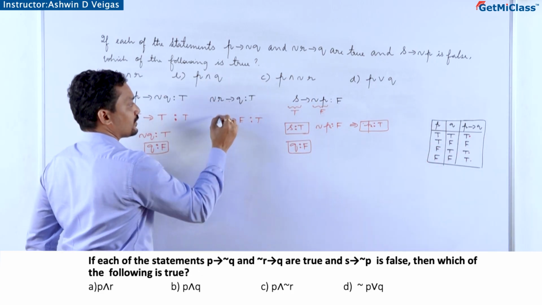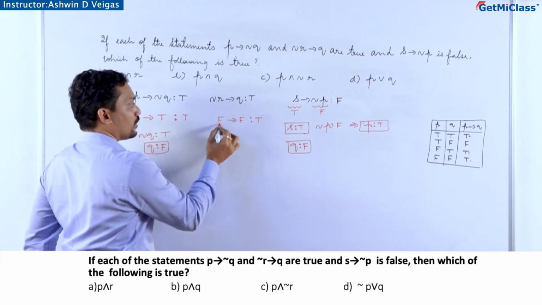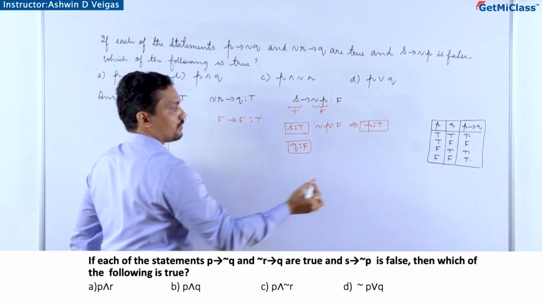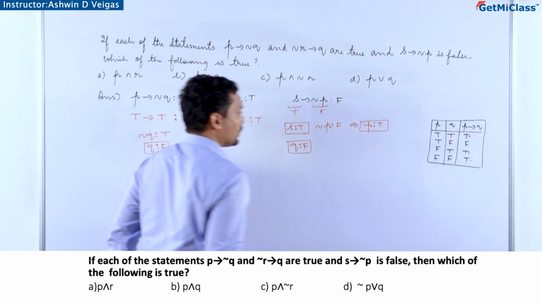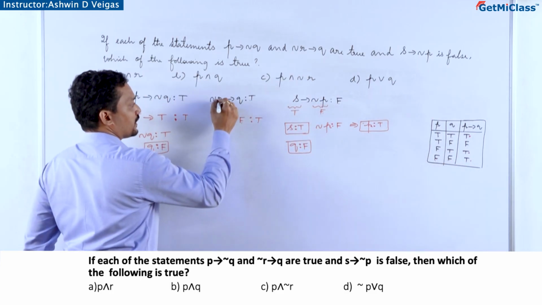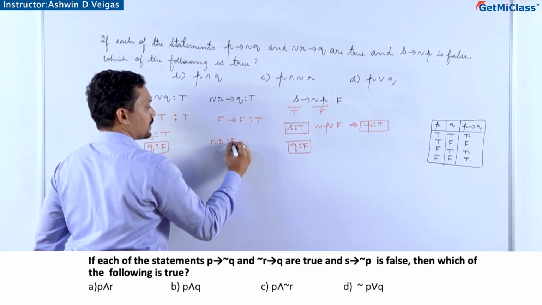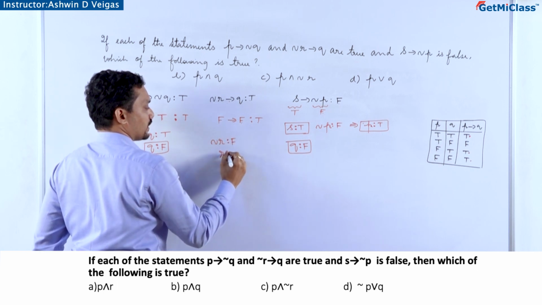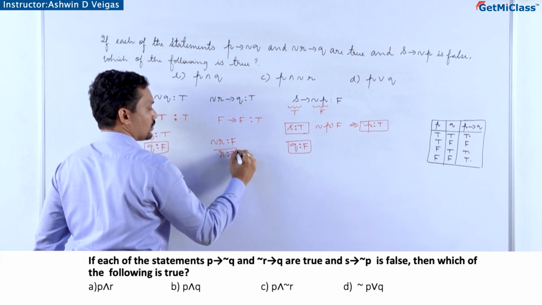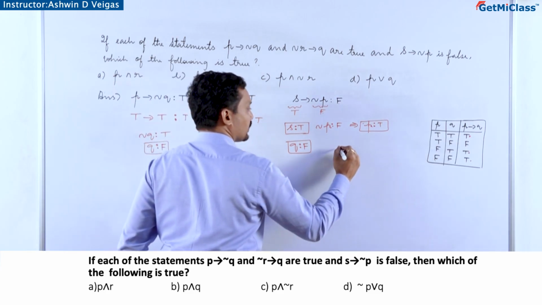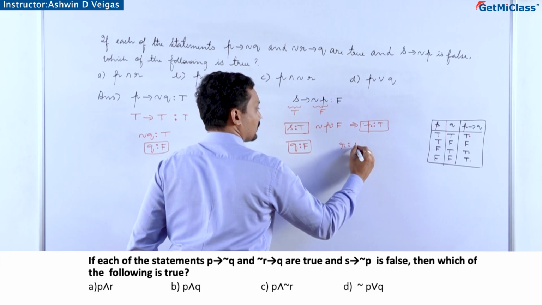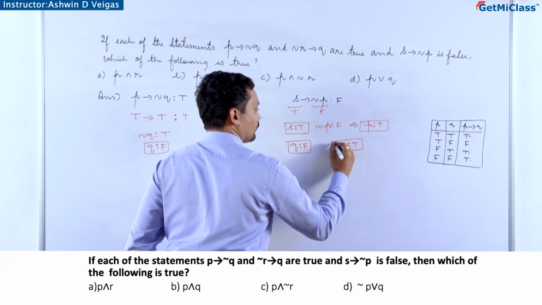Therefore, this has to be false. False then false will be true. So, if you compare, ¬R will be false. So, you will get R will be true. So, therefore, I will write it here, the value of R will be true.